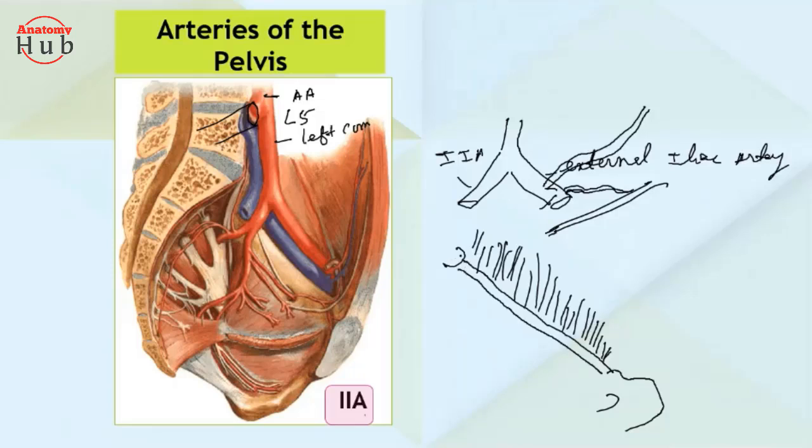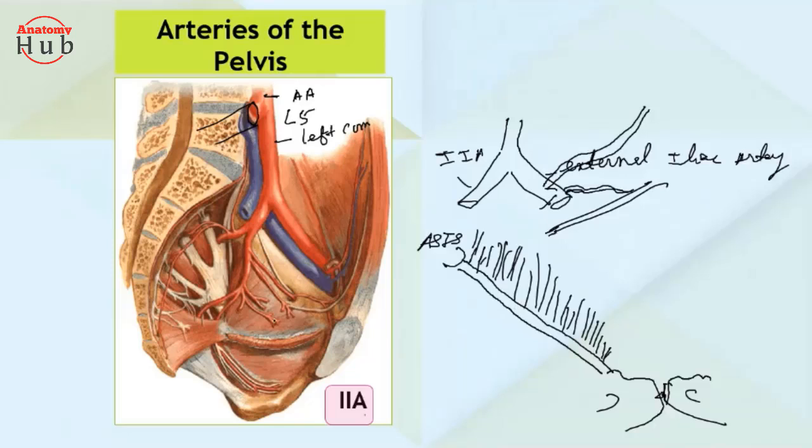So this external oblique aponeurosis joins between the two bones, between the ASIS, here this is the ASIS, and this is your pubic tubercle. And here you can see the pubic symphysis and the other side of the pubis, right? So this is your inguinal ligament.